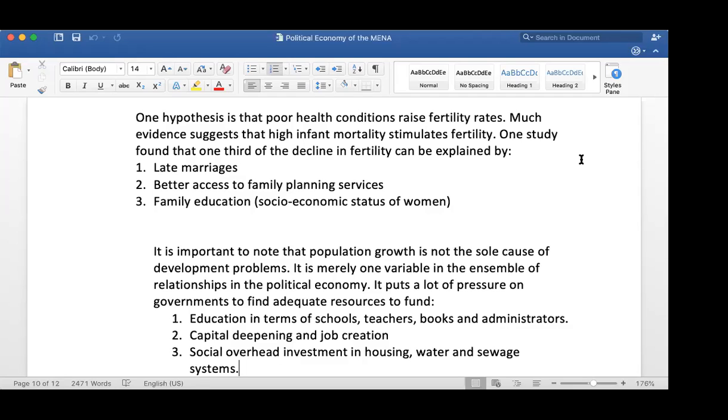So basically what Iran was trying to do here was replicate what China was doing with the one-child family. They didn't go that far, but they were in the process of getting there.